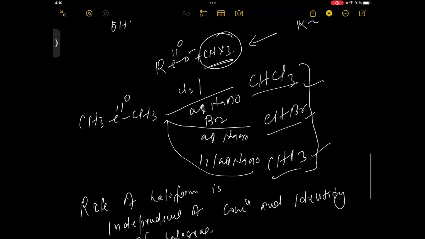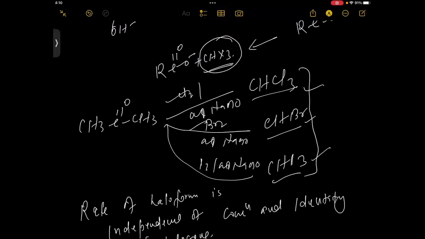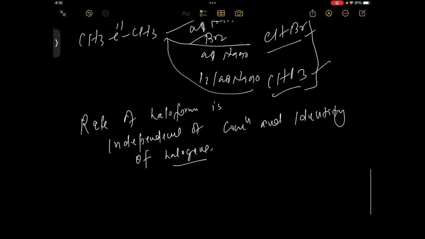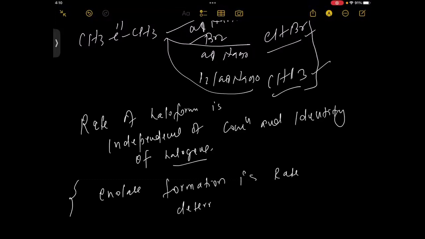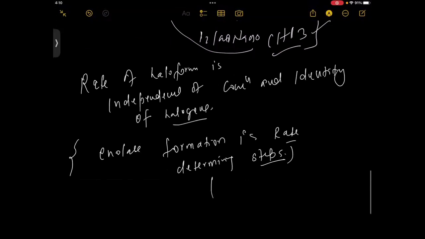So it does not depend on what halogen you have taken and what amount you have taken. So students, the rate depends on the enolate ion because formation of the enolate ion is the rate determining step. So keep in mind here, enolate formation is the rate determining step. Understood, students? Enolate formation is RDS, rate determining step, correct?